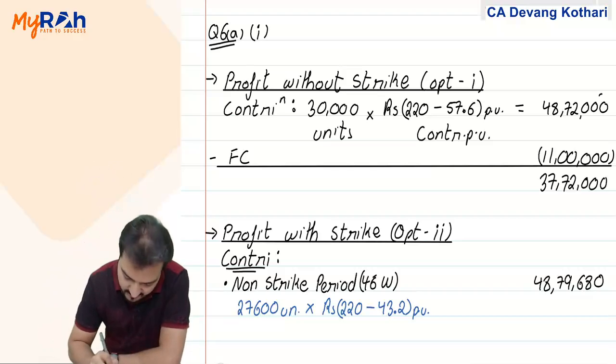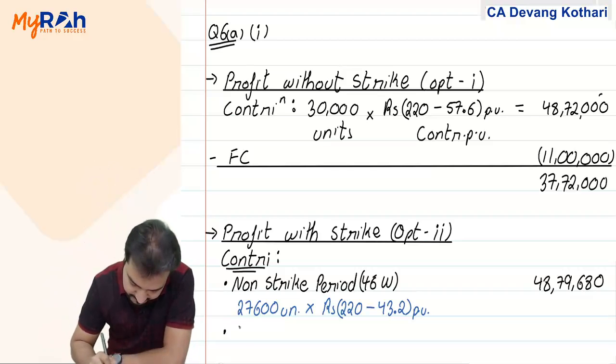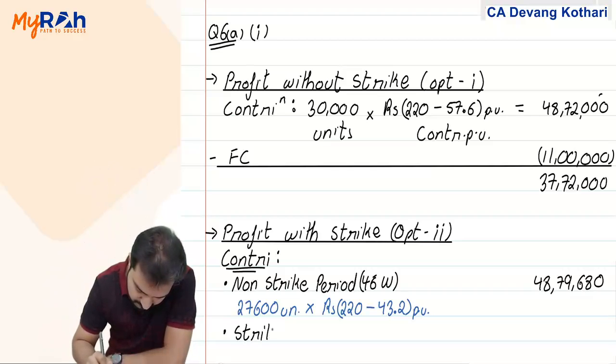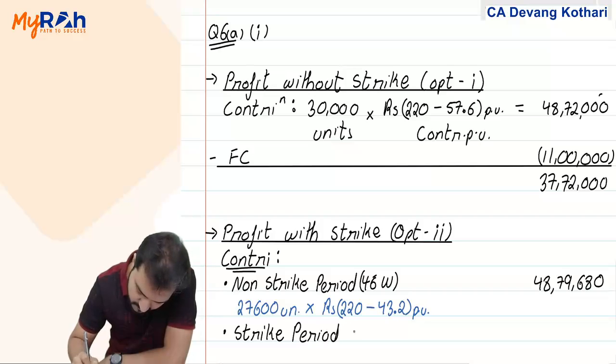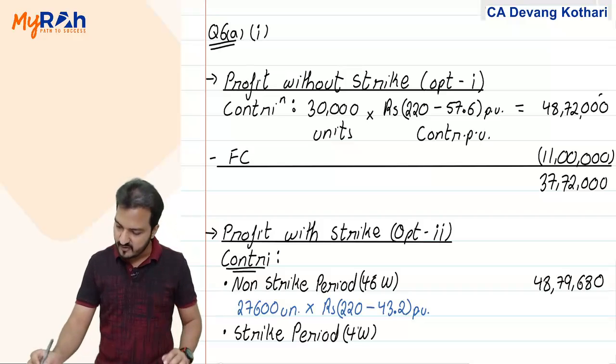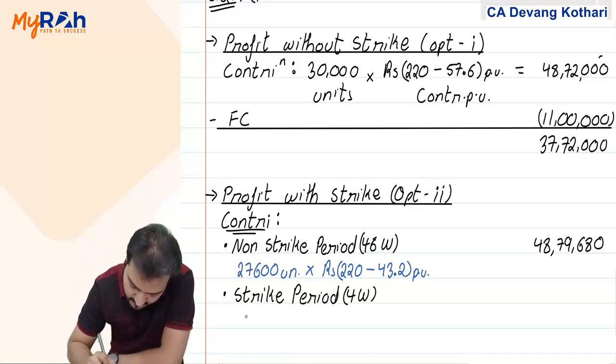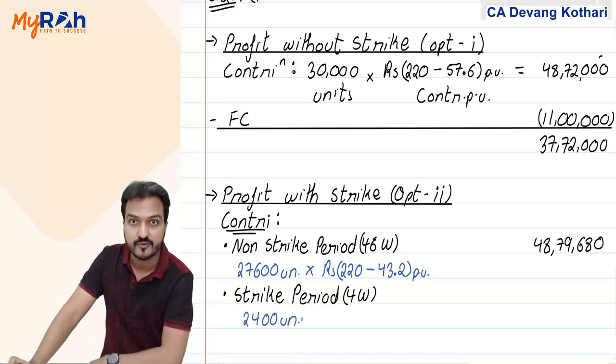Plus I also get at least some contribution during the strike period. Strike period is of 4 weeks. So proportionately for 4 weeks, my sales should have been 2,400 units.